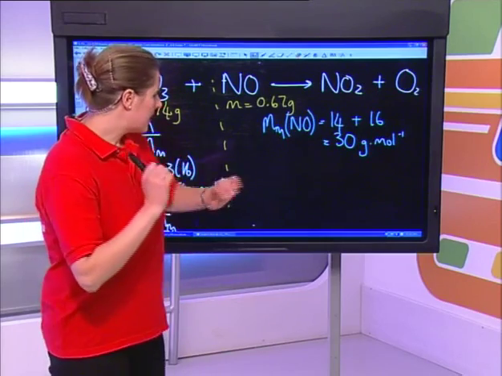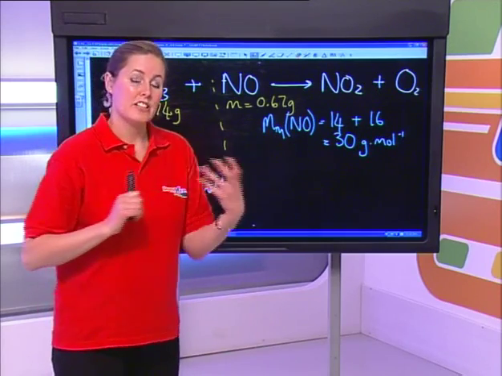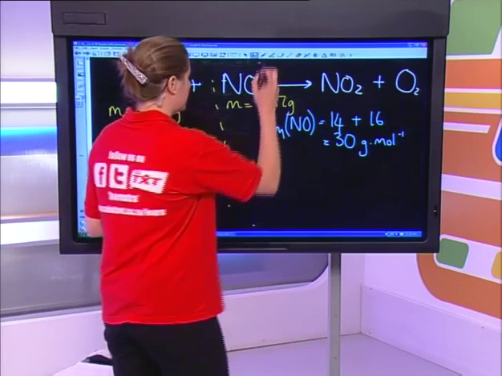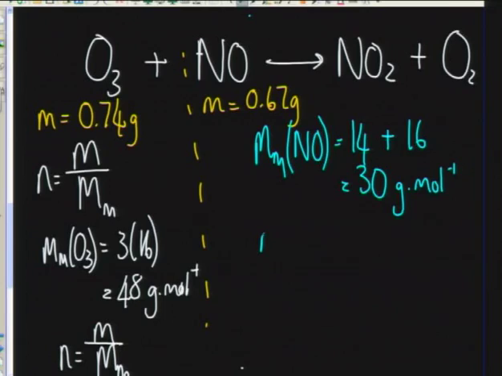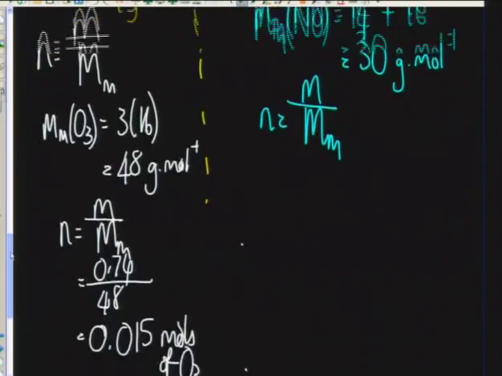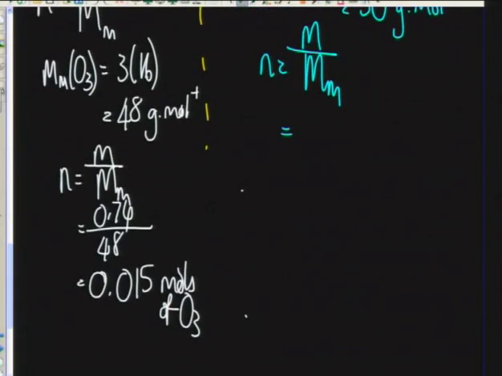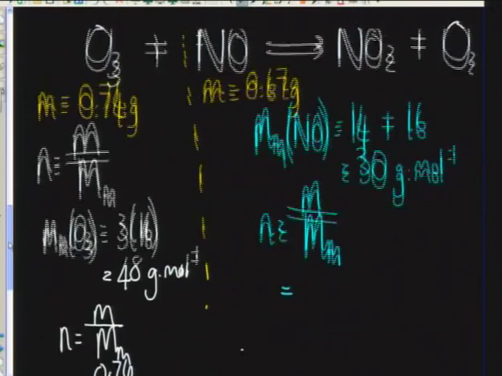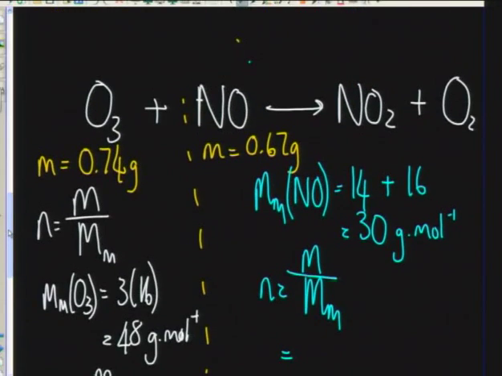Now, grade 11s, what I've got is just the molar mass. I need to take this to moles. So, once again, number of moles is equal to mass divided by the molar mass. What was the mass of this sample? The mass of this sample was 0.67 grams.